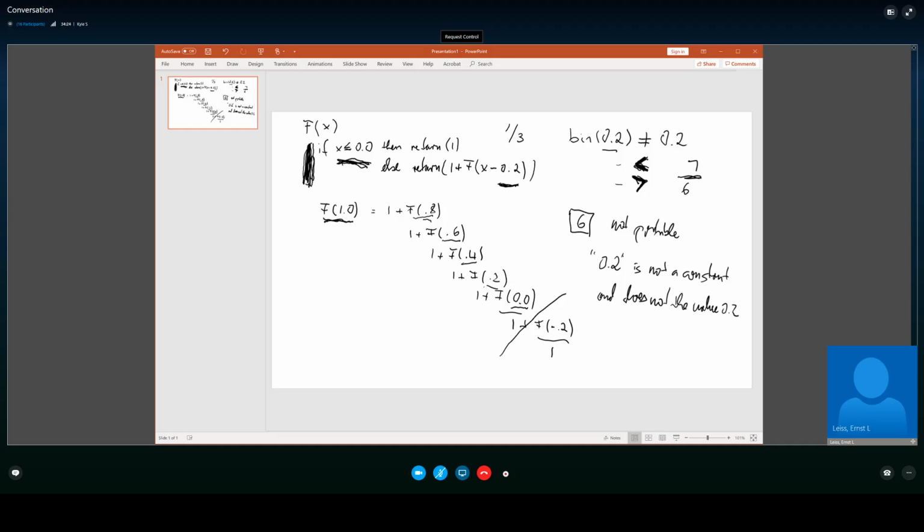And even if we fix it, then yes, we forced it to terminate, but we are not at all certain what the actual value is going to be. In this particular case, for f of 1.0, it could be 7, it could be 6. And for all practical purposes, we have no way of determining what the outcome is going to be.